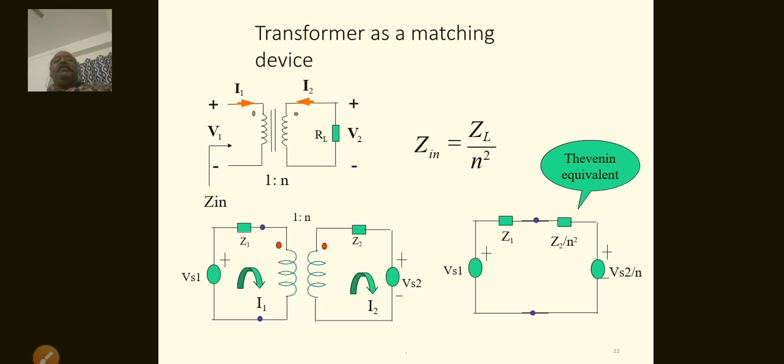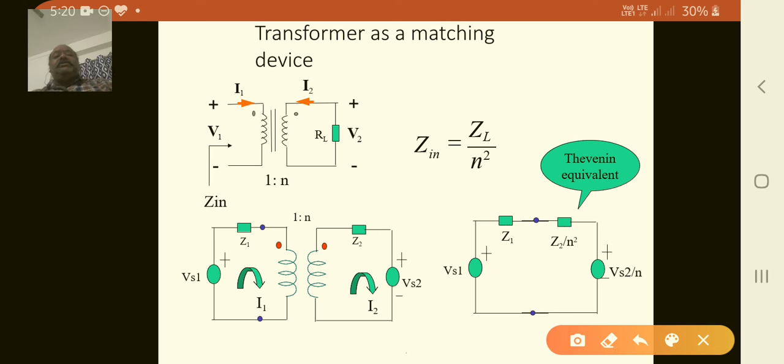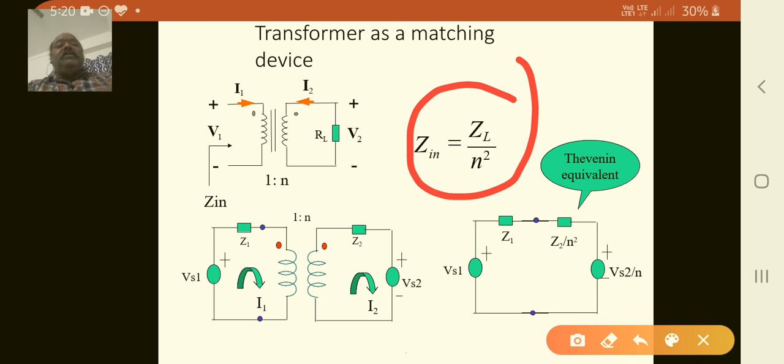Similarly, impedance matching is taken into account with the formula indicated here, Zin is equivalent to ZL by n square. So therefore here Z1 impedance, Z2 impedance is here, I1 current, I2 current, and the dots will arise here, like series aiding or opposing, just to connect this circuit, terminating like this, which is indicated by Vs1 and Vs2 by n here.